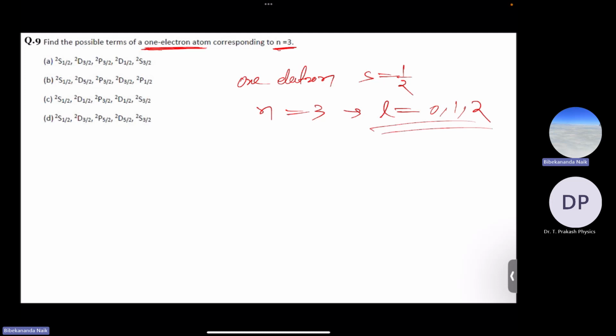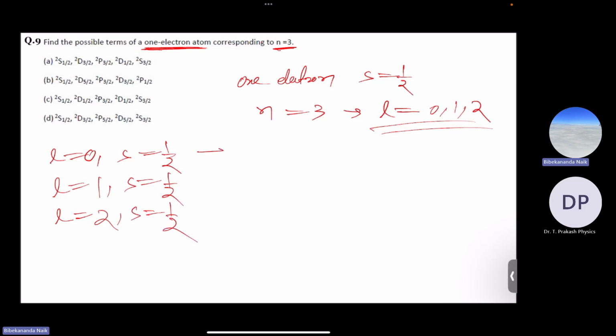There are three values of L. So L0 S half, L1 S half, L2 S half. Then L0 S half means J equals half. L1 S half means J equals 3/2 and 1/2. L equal to 2, S equal to half means J equals 5/2 and 3/2.